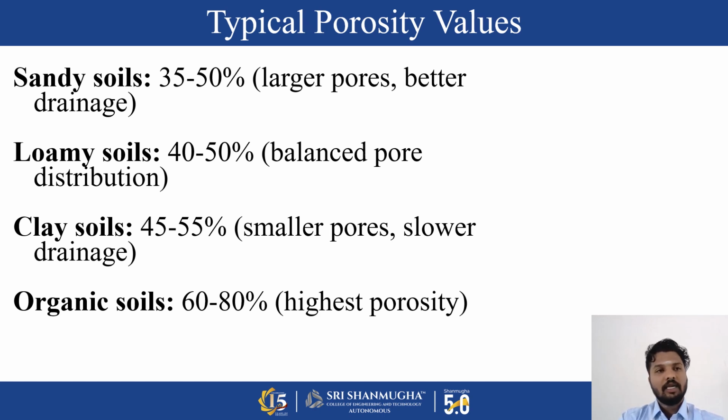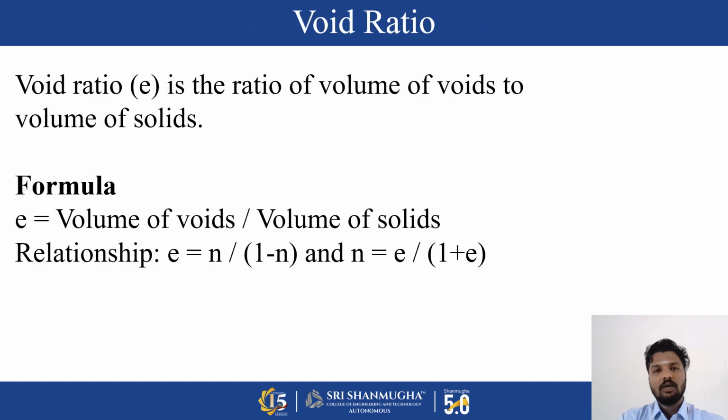The next slide is talking about the void ratio. Here I have given the definition for void ratio and the formula to find the void ratio. This slide introduces an alternative measure of the proportion of voids in the soil. The void ratio is denoted by the small letter e.